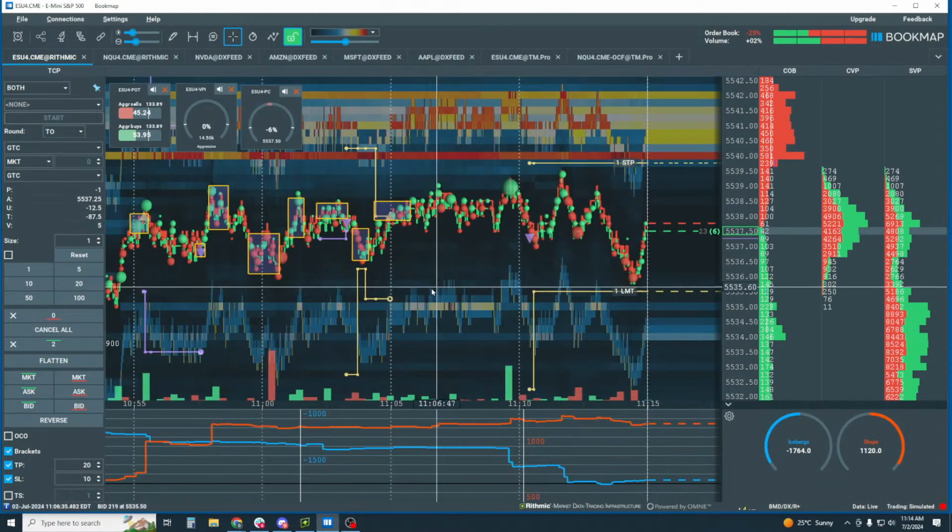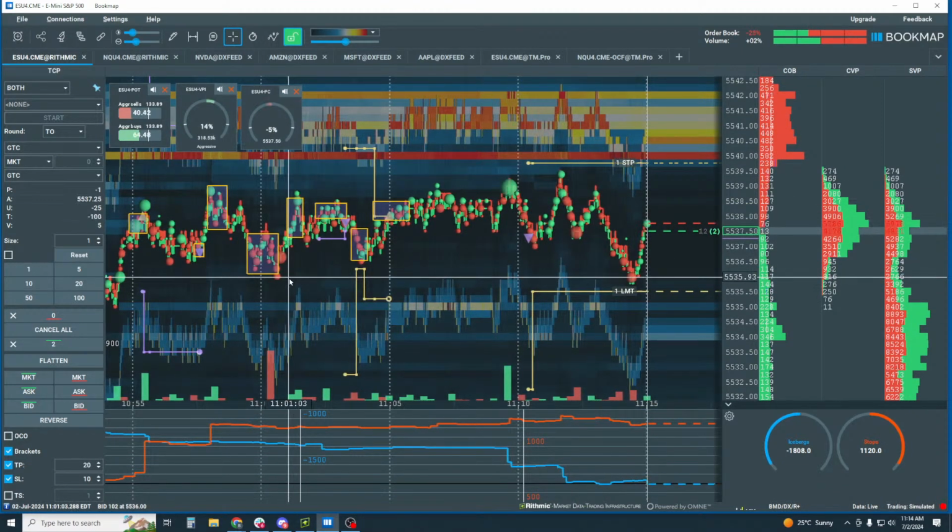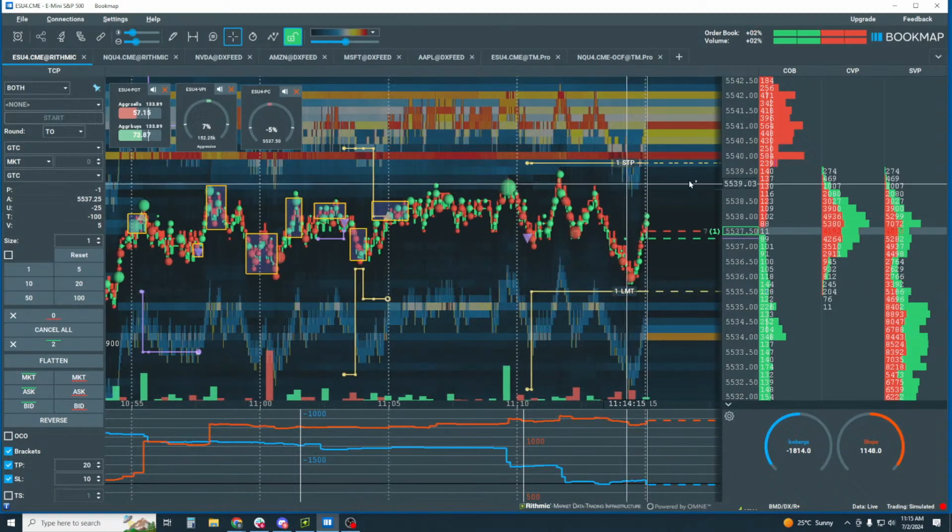Well, that was it. Just below these swings here, or just to this swing here. Not down to the liquidity.